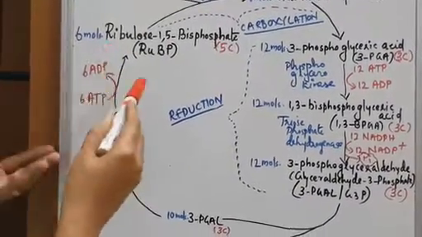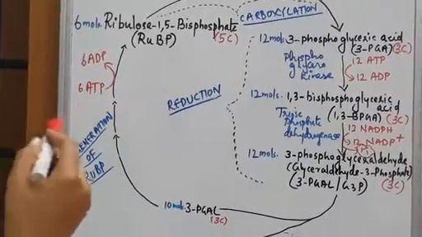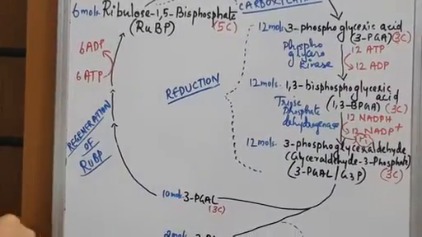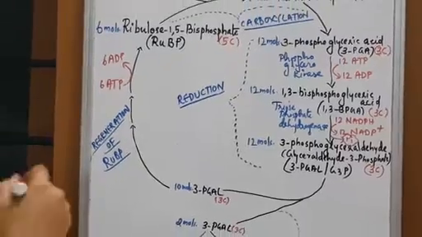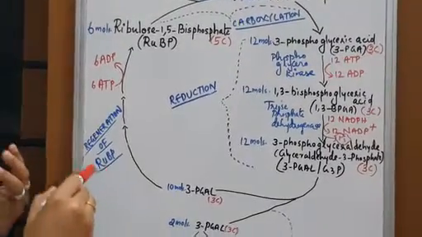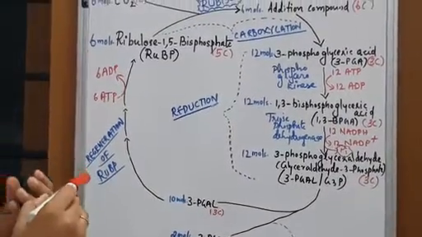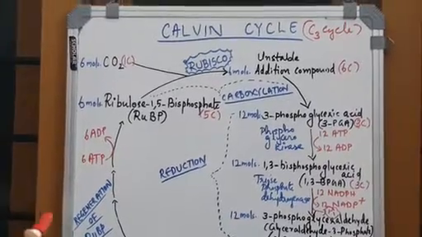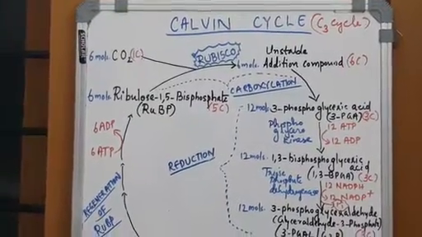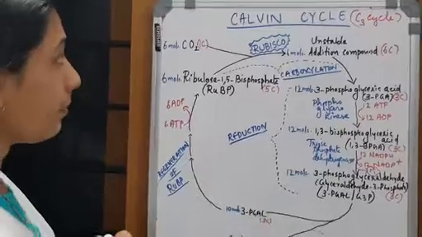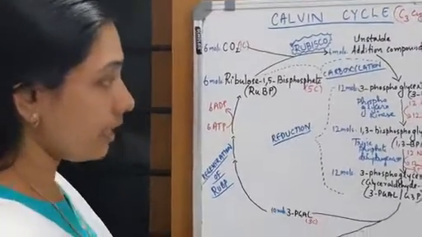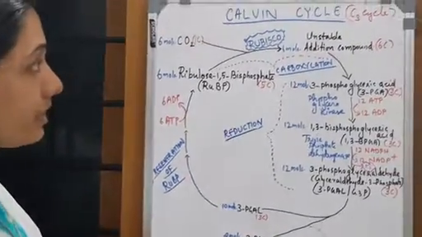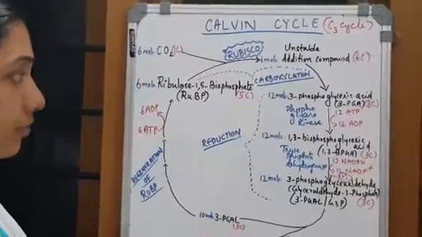Otherwise, the limited stock of RUBP would become a limiting factor for the continuous operation of the C3 cycle. Because of this effective regeneration of RUBP, the Calvin cycle can be considered the most sustainable production process occurring in the plant kingdom. So this is all about the schematic representation of the Calvin cycle, and these are the reaction parts of the Calvin cycle.